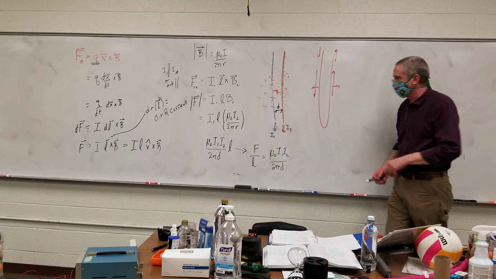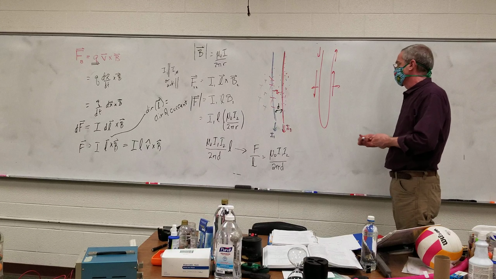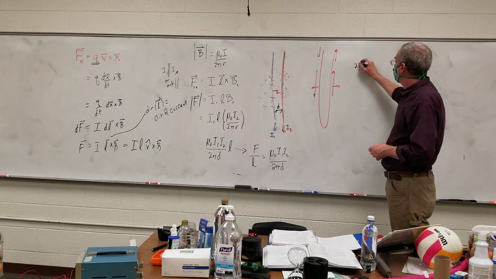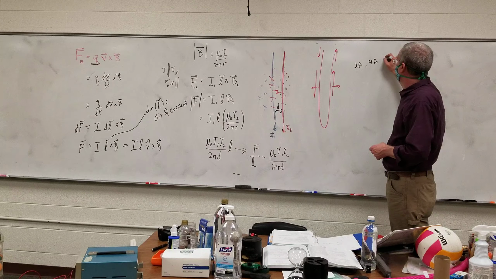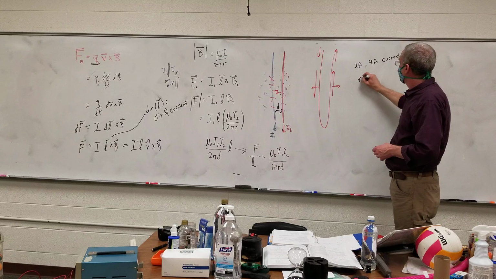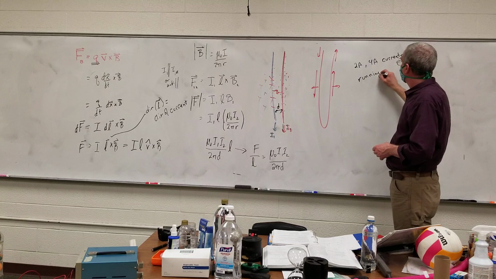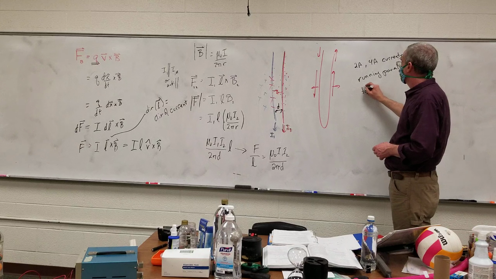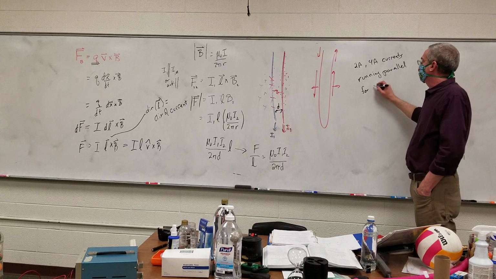Let's run through a quick plug and chug. So I have 2 ampere and 4 ampere currents running parallel for 3 meters.